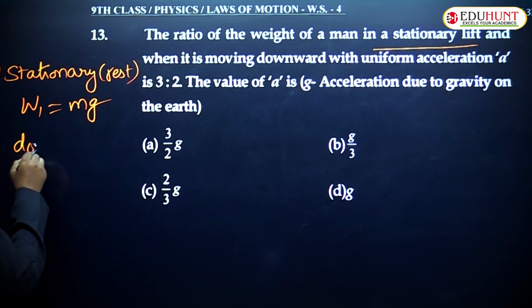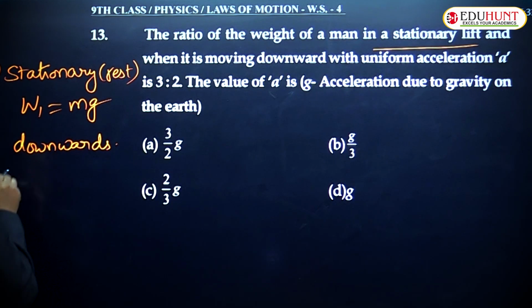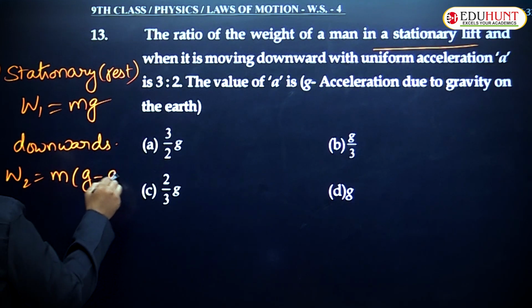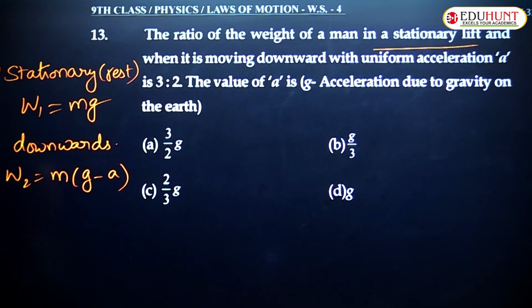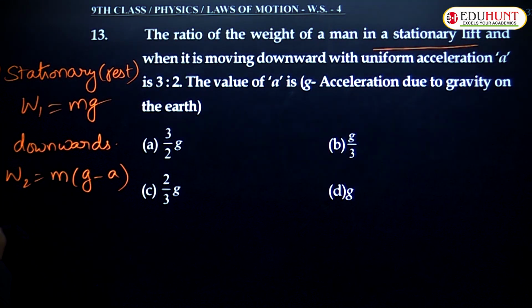Downward motion means the force is given by m into g minus a. Downward motion is m into g minus a. So, it was given that. But what is the condition given, children?